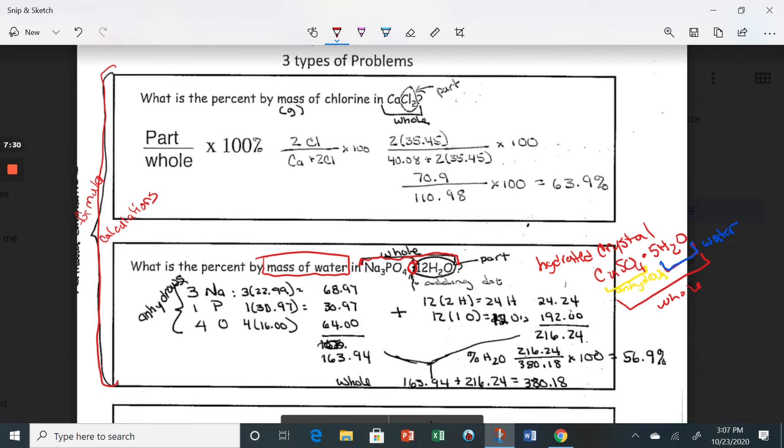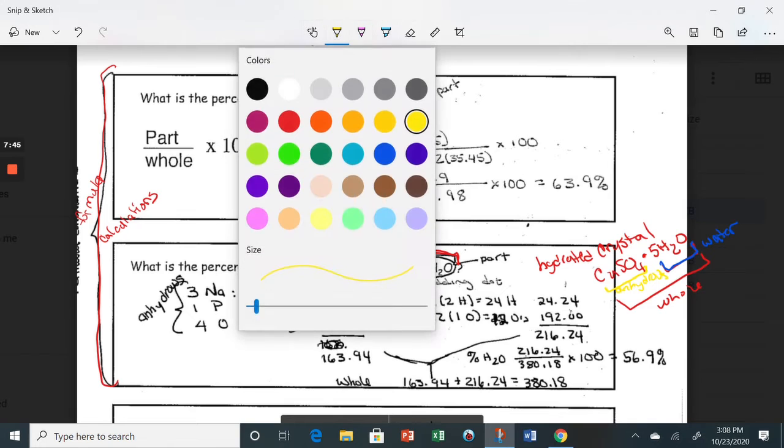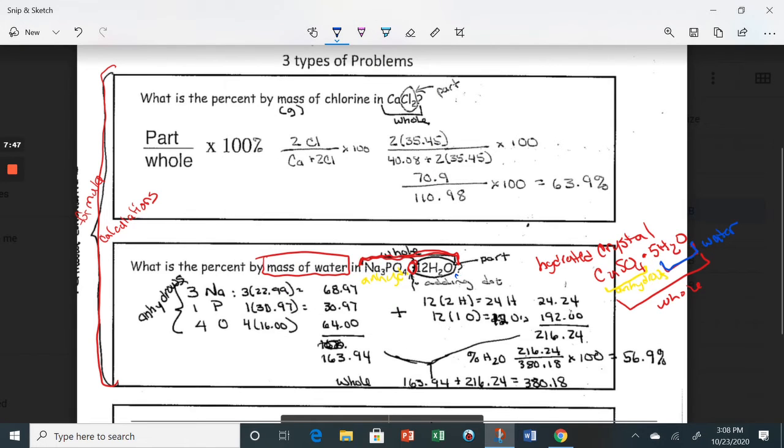So the whole goes all the way through the formula. And then we have two parts, anhydrous and the water part. The anhydrous crystal is the part without the water. That's the anhydrous, I'm going to abbreviate it. And then the part over here is your water. When they want the water percentage, that's the part. And then the whole thing is the bottom of the whole.